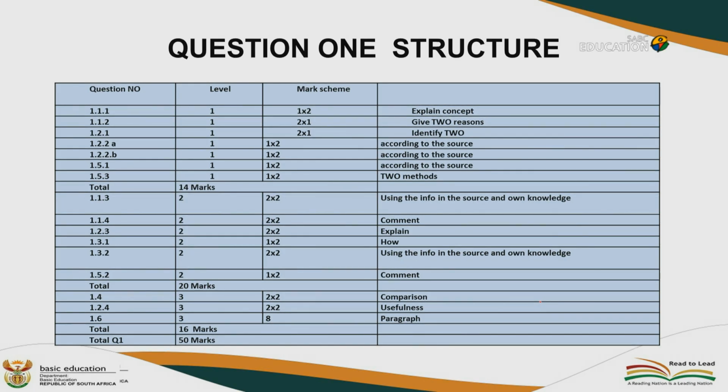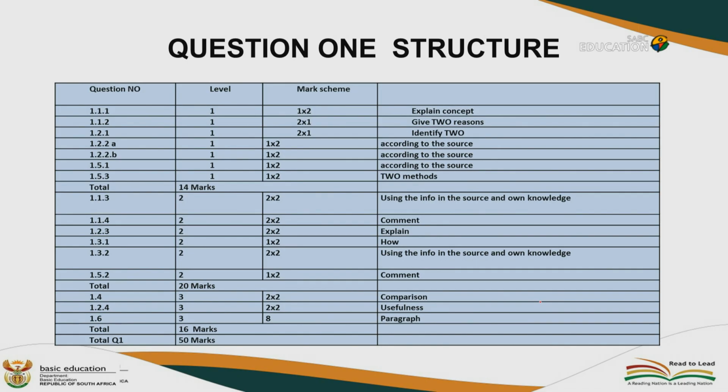Then, all level 1 questions, as I said to you, they always have the number 1 in them. Then it means, therefore, these are level 1s. They have 1 times 2, 1 times 3, 1 times 4. Everything that has a 1 on your left tells you that the answer is according to the source. Give 2 reasons. Identify, list, as I said.